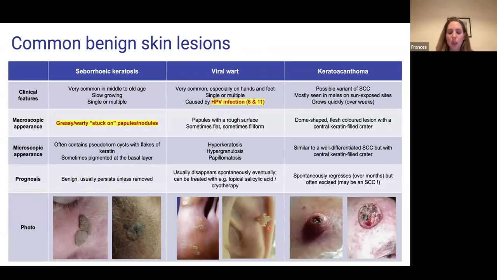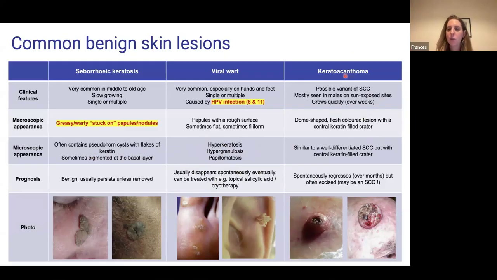In microscopy, you're going to see a lot of proliferation of those keratinocytes, hypergranulosis, so a bit more blue, and also papillomatosis, so you look like a papilloma, if you know what I mean. These typically will disappear spontaneously on their own, but normally patients will be treating them with over-the-counter therapies or even cryotherapy if they want them removed.